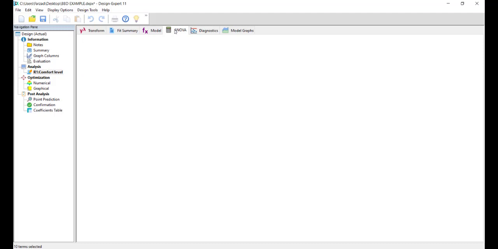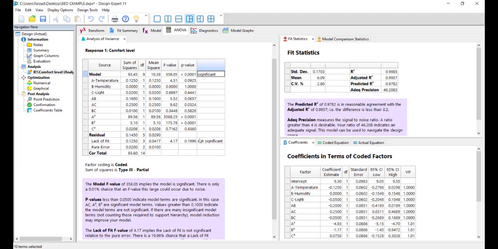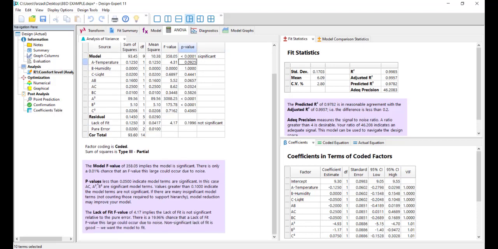Go to the ANOVA table for this model, which is really important. Again, you can see here our model is significant, which is a good thing to see, and lack of fit is not significant. These two should always be checked. You can see the significant terms here as well. You need to check p-values for each term.